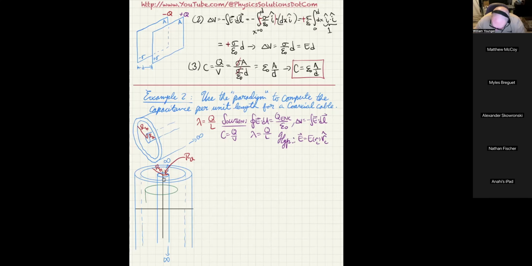Okay, now I'm going to draw a vertical line down this way and another vertical line down this way, and then I'm going to draw another cylinder. That wasn't quite the way I wanted it, but I think I can fix it. Okay, so that's our Gaussian surface. Notice it's at a distance r that is smaller than RB but bigger than RA.